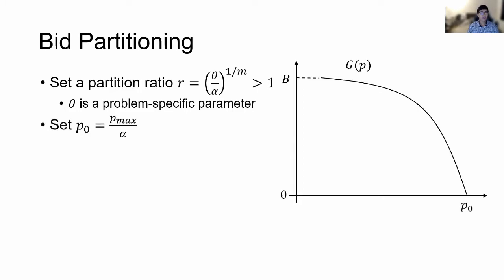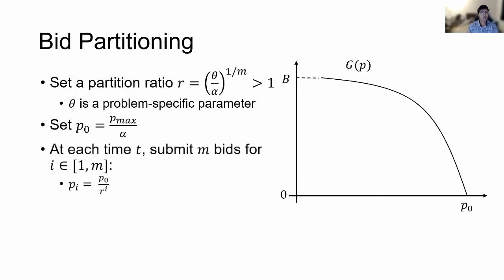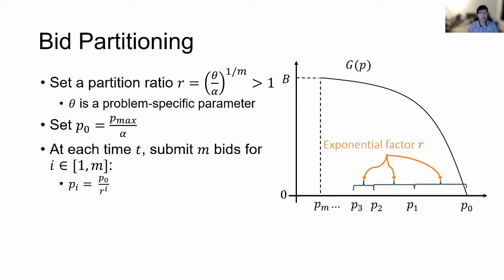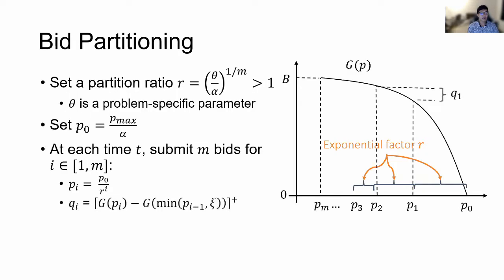Each successive bid P sub i is smaller by a factor of R. Then, in turn, the bidding quantity Q sub i is determined by the difference in the threshold function G of P between each threshold price.